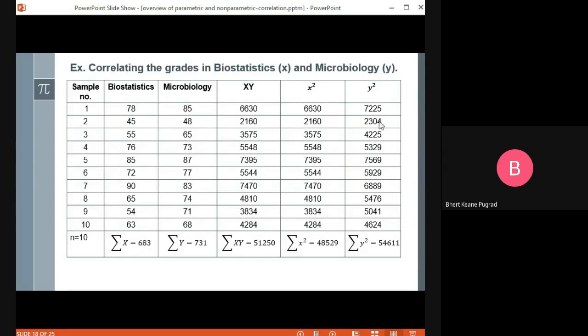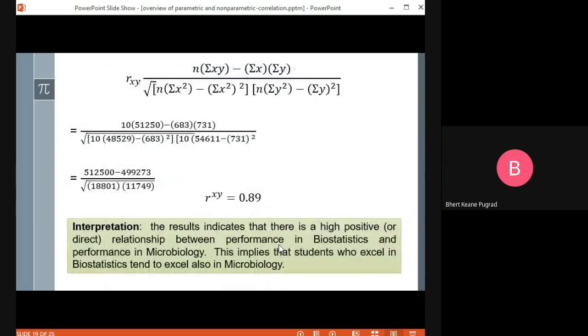After getting all their squares, you just get the summation. We have 54,611 summation of y square, 48,528 summation of x square, and 52,250 summation of xy. Since kompleto na yung mga values natin, just substitute the computed values using the formula.